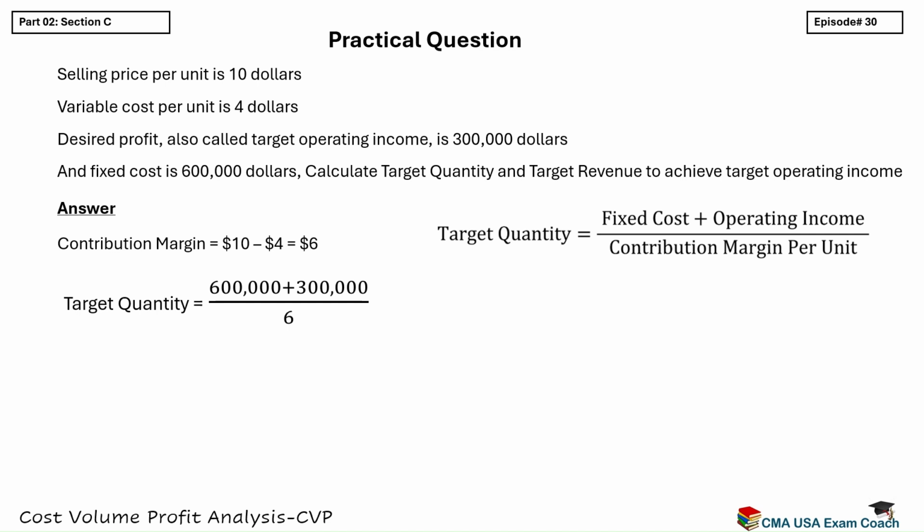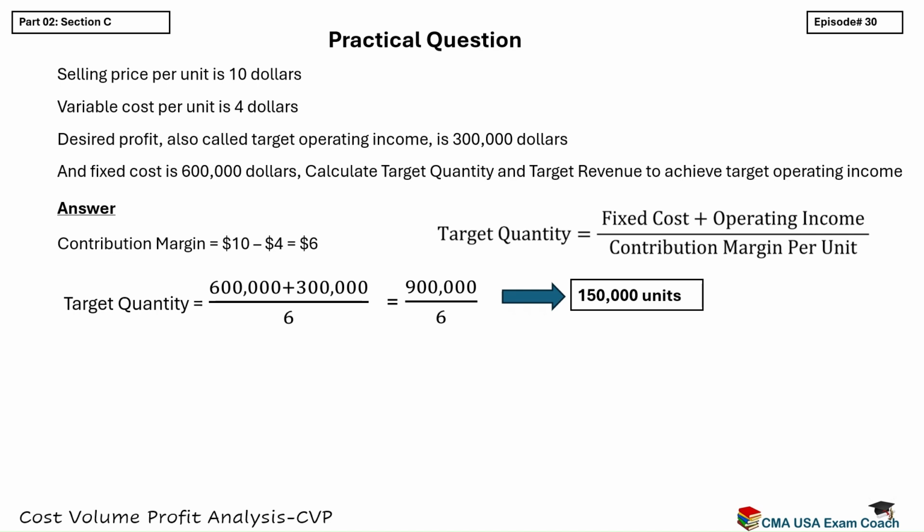So, target quantity equals 600,000 plus 300,000 divided by 6. That is 900,000 divided by 6, which equals 150,000 units. So we need to sell 150,000 units to cover our fixed cost and also achieve the desired profit of $300,000.